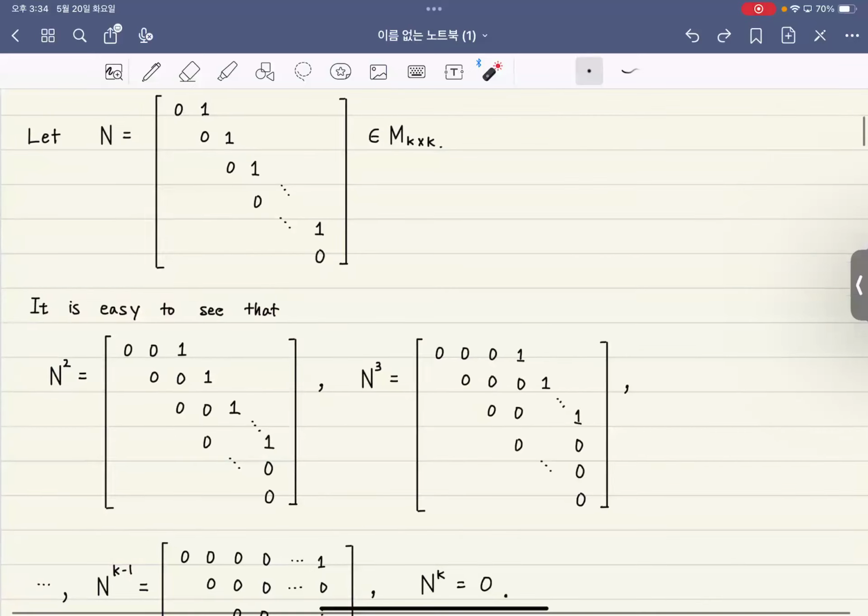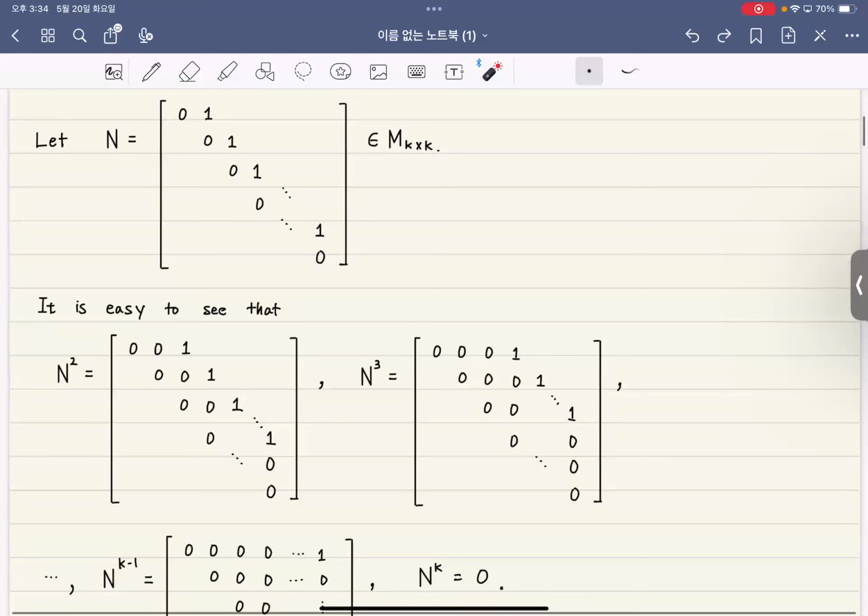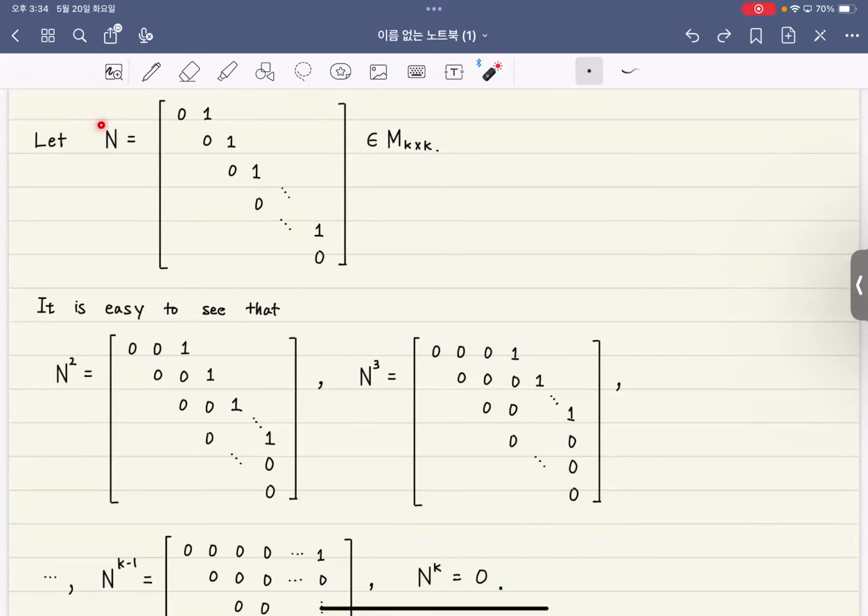We have discussed this earlier, but taking the power of this matrix N raises these entries of one, one by one, to the upper right corner.